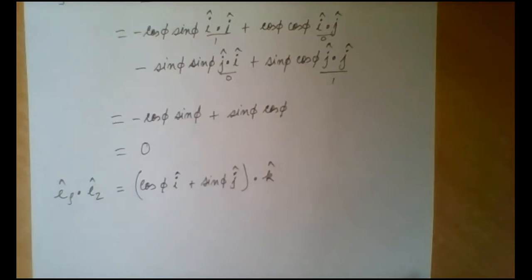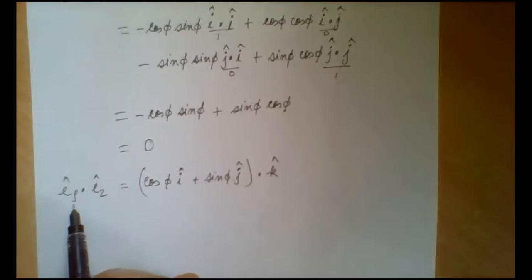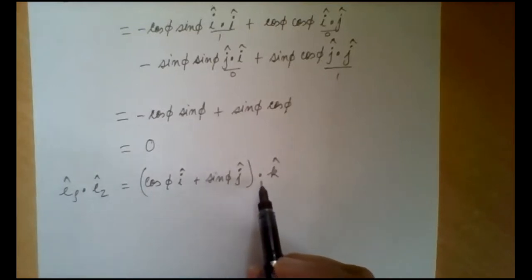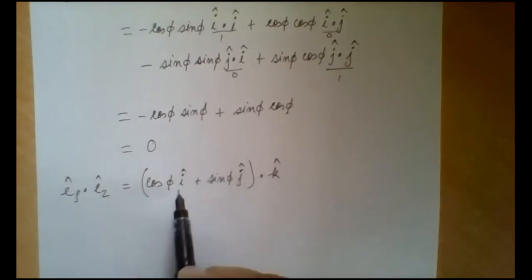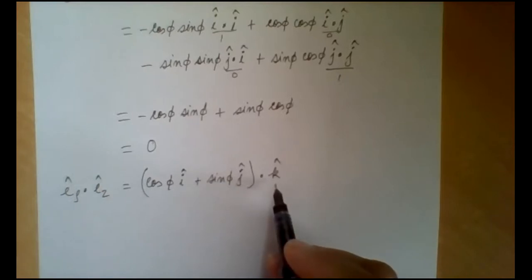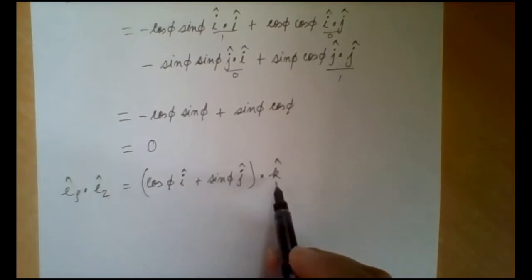Here, look at this. This is i hat, this is j hat, and we're taking the dot product with k hat. i hat is a unit vector along the x-axis, k hat is a unit vector along the z-axis, and since the x-axis and z-axis are mutually perpendicular, the dot product of i hat and k hat is 0.